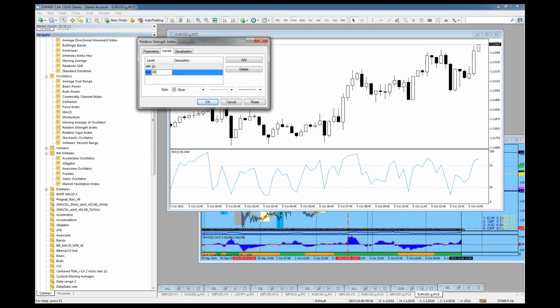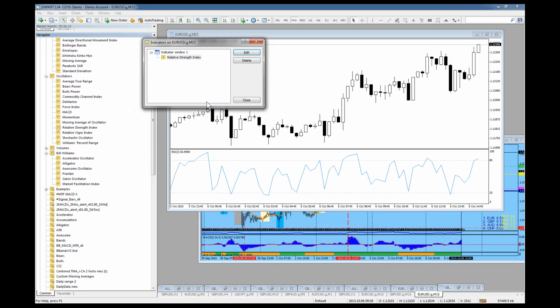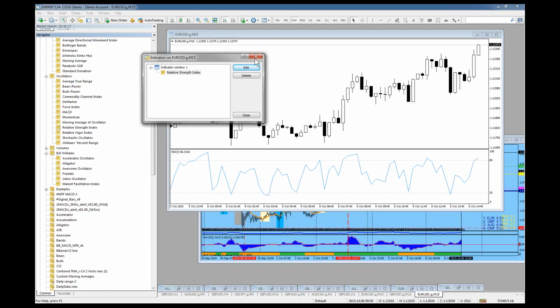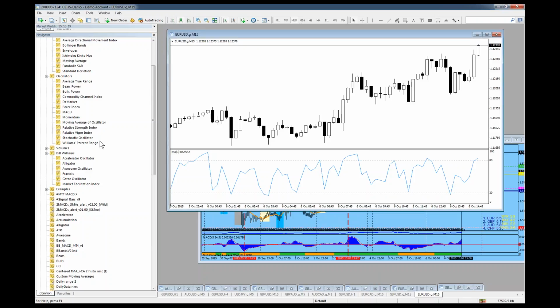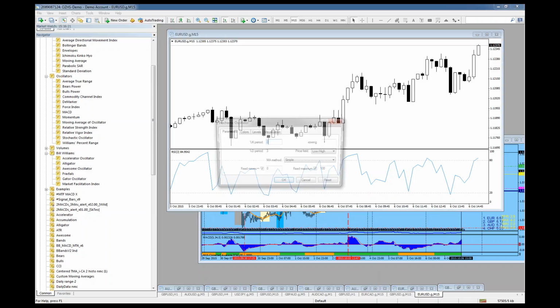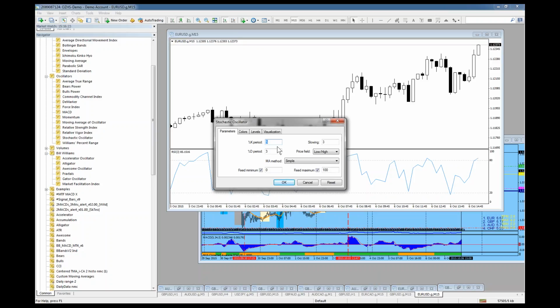And 80. Okay, so we got our 20 and 80 there, and now I want to add my stochastics. And this is going to be a 6. And is there another note I had here?